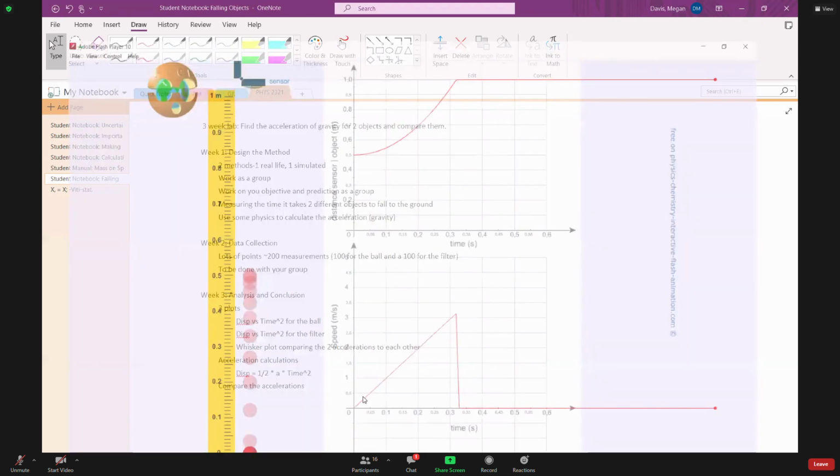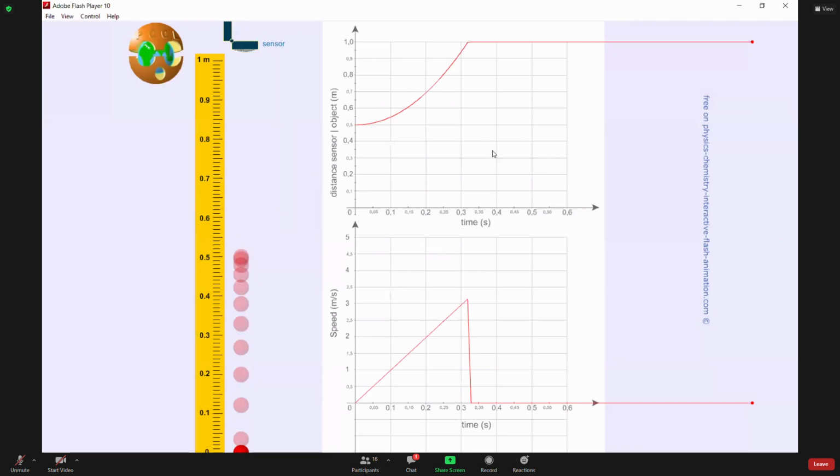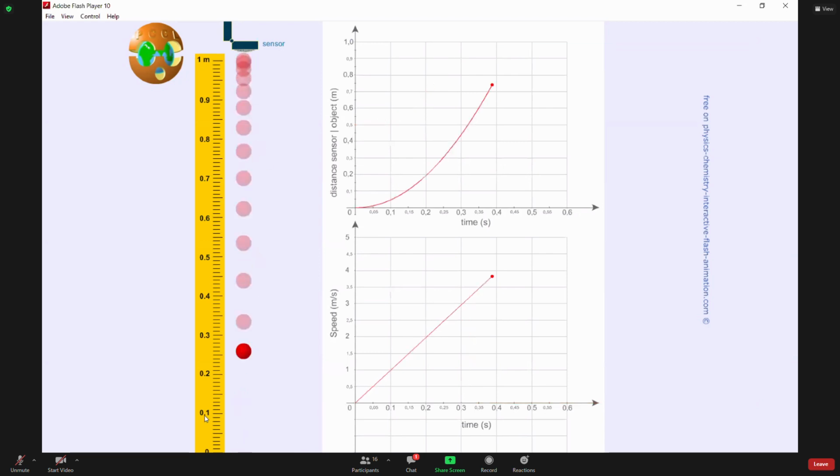All right. So again, these are the simulators. You don't have to work in them today, but it's very helpful, I think, to kind of go through them so you have a better understanding of how to write your method. You're just going to be comparing the ball and the coffee filter's accelerations. You calculate them again by dropping them from different heights. So as a group, you'll decide which heights you want to use.